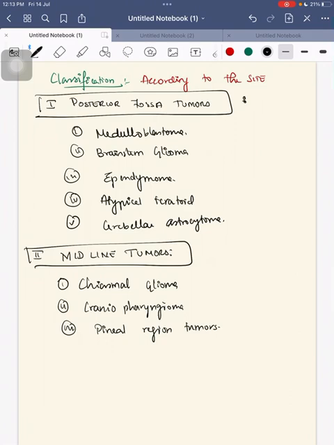These three are midline tumors. Third is supratentorial tumors.